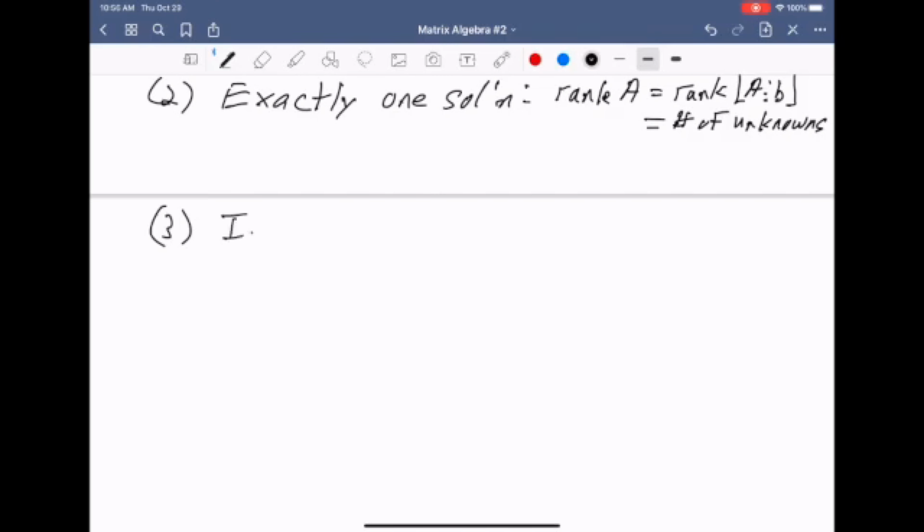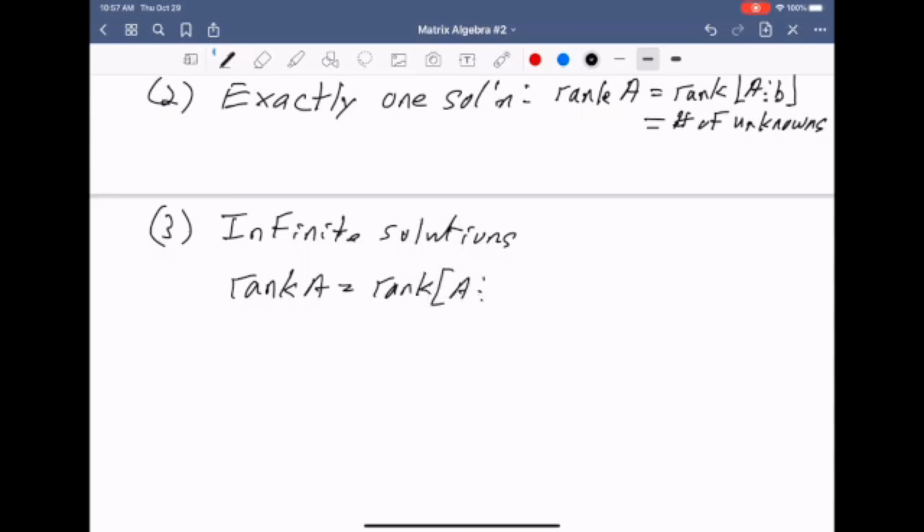Three, we get infinite solutions if the rank of A is equal to the rank of A augmented by B, and if that's less than the number of unknowns, then you get an infinite number of solutions.